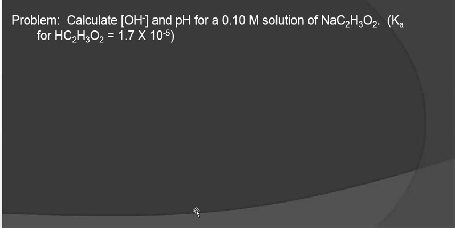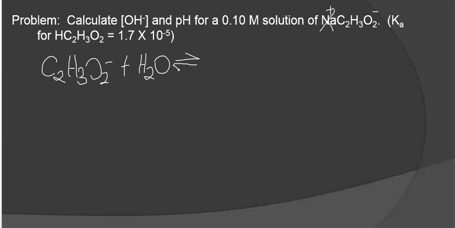Let's look at an example. We have a salt of sodium acetate. We want to calculate the hydroxide ion concentration and the pH. Well, as I went through this before, Na plus doesn't react with water because it's a weak ion, but the acetate ion does react with water because it's a strong ion. So my equation is acetate ion reacts with water to produce acetic acid and OH.